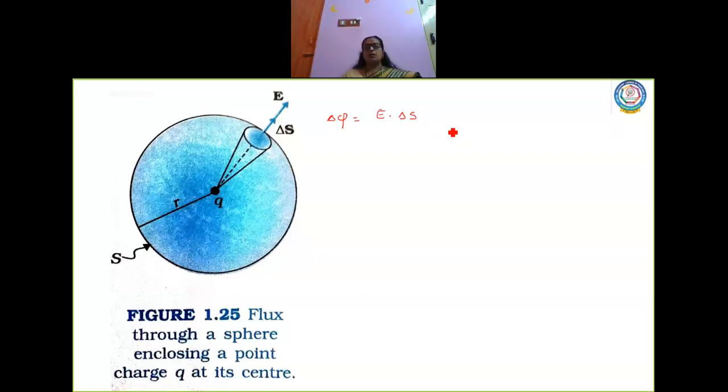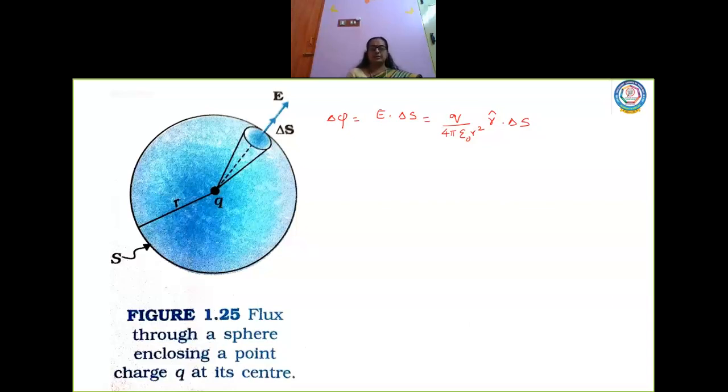Okay, now what is the electric field formula? The electric field is Q by 4 pi epsilon naught R square into R unit vector, dot the small area element, which I will write as del S. So I have taken a sphere and I am going to find the electric flux for the entire sphere.